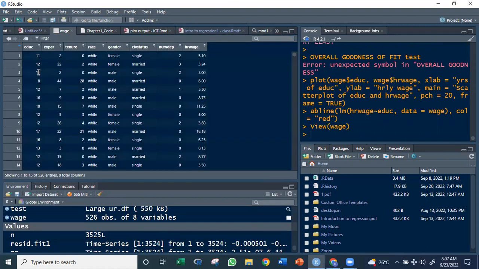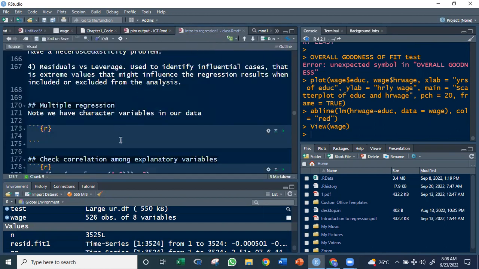Okay, this is our wage data: education, experience, tenure. So columns 4, 5, and 6. These are categorical variables, character variables. So we cannot get any correlation out of this. At mag-error kasi pag sinama natin itong variables sa correlation. So what we do is we remove this. That's why we have this function.